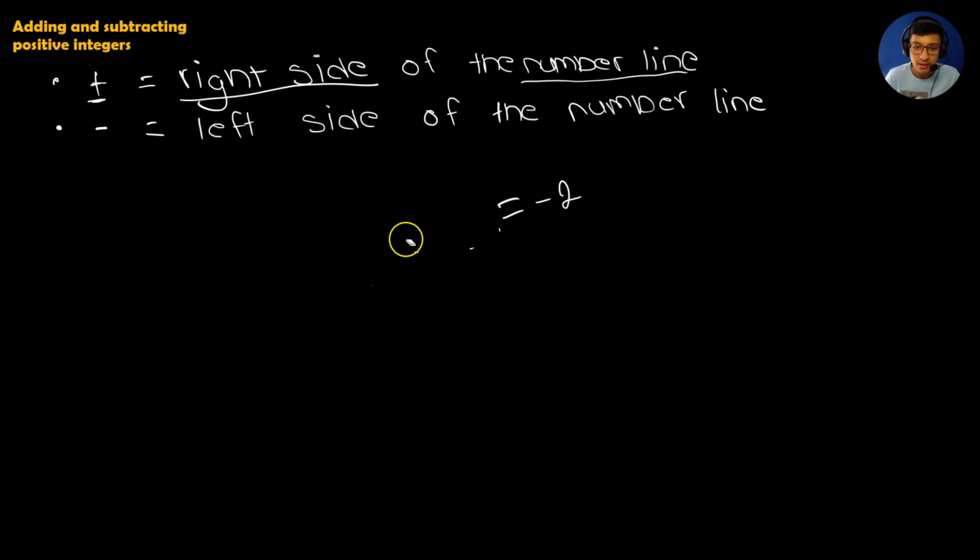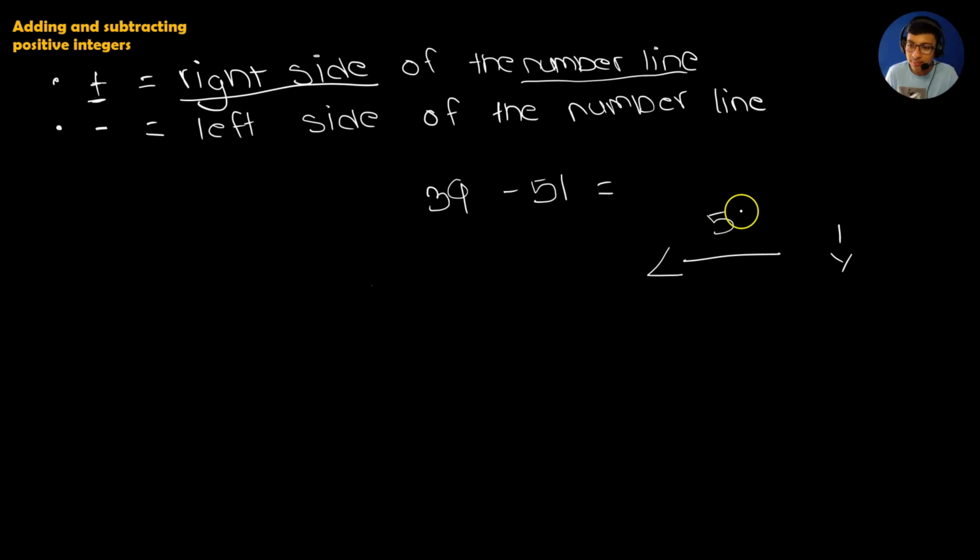Now let's try to visualize another one. Let's say we start from the positive side, so 31, and we are subtracting 51. Now let's think about it: positive side, so we're starting from the right side, and now we are moving to the left 51 times.